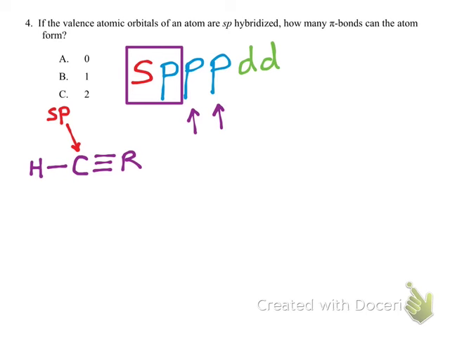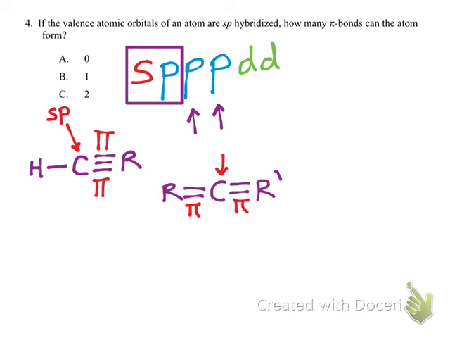They consist of 1 sigma and 2 pi's. So that means that our triple bond here has 2 pi bonds. So let's look at another example. Here we have another sp hybridized carbon, and it's got 2 double bonds on it. Remember, each double bond has 1 pi bond in it. So once again, it can make 2. And that is our answer.